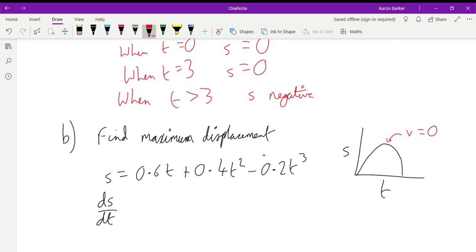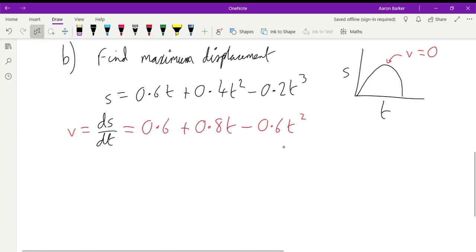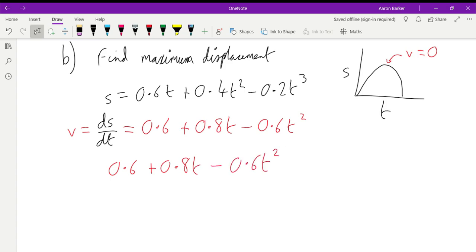That's our maximum. So our gradient, our velocity, is going to be 0.6 plus 0.8t minus 0.6t squared. And we're looking to find the point where 0.6 plus 0.8t minus 0.6t squared equals 0.